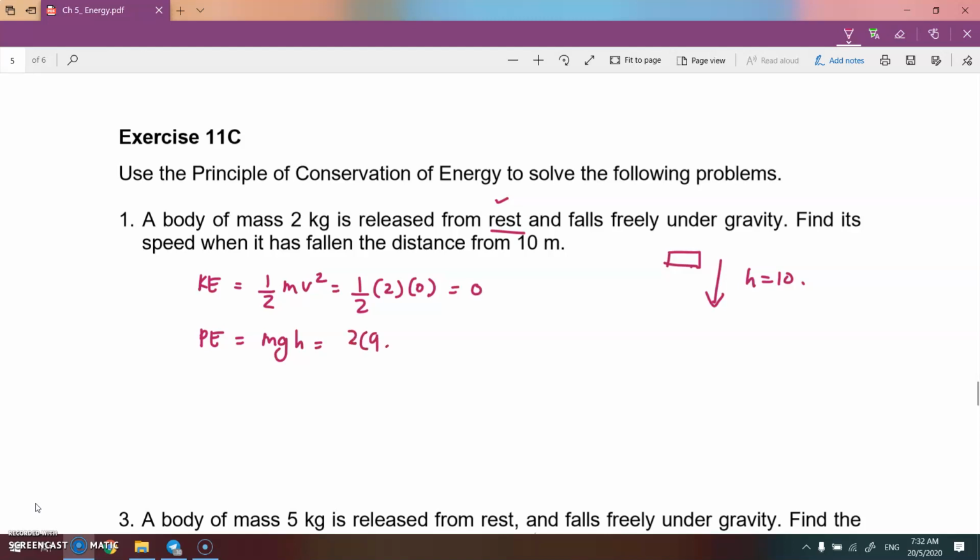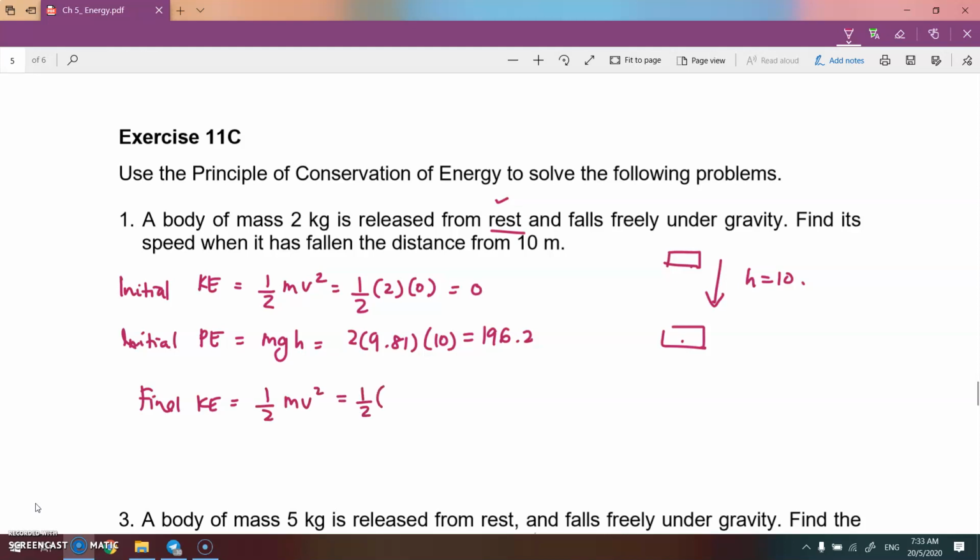So 2, 9.81, and 10, so you get 196.2. This is the initial KE and initial potential energy. How about the final KE? The object will go down, so the final KE would be half mv squared.